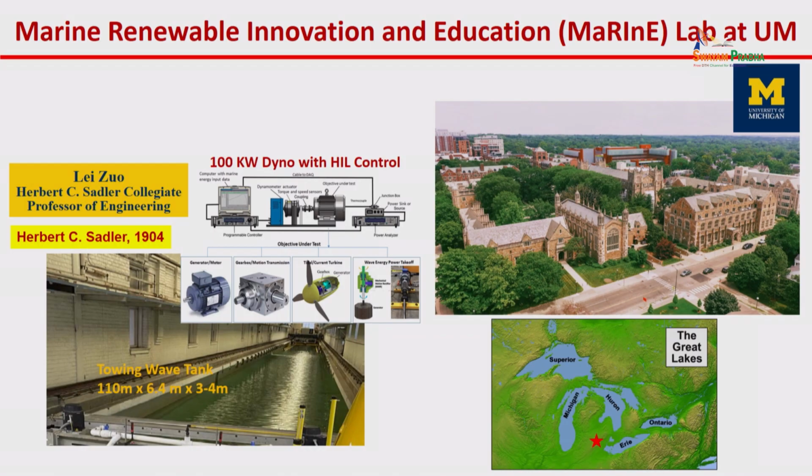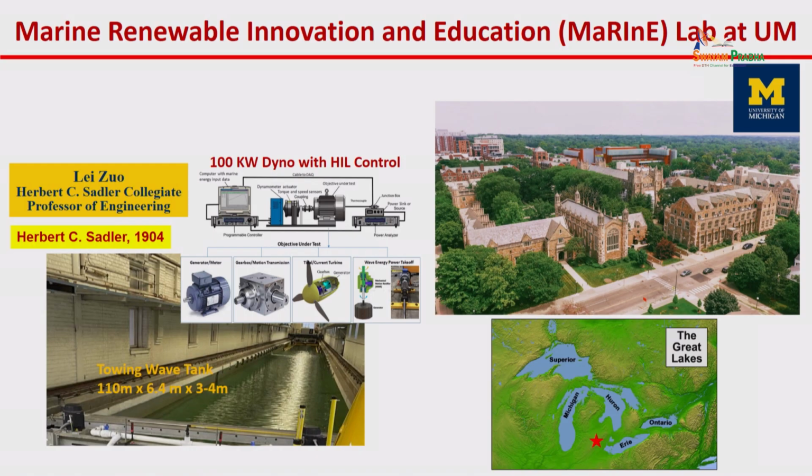Okay, and we have a facility. The tank is 110 meters by 60.4 meters. The depth is 3 to 4 meters; at the center it is 4 meters, at the edge 3 meters. It was built by Professor Herbert Sadler in 1904, 120 years ago. That is the first scientific research tank in the United States.